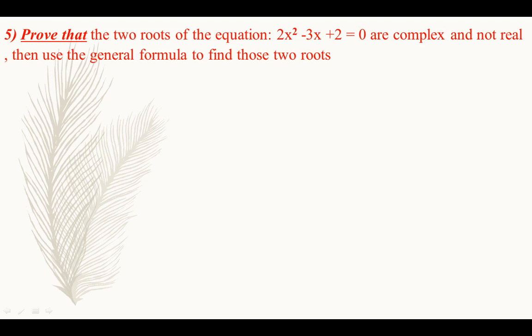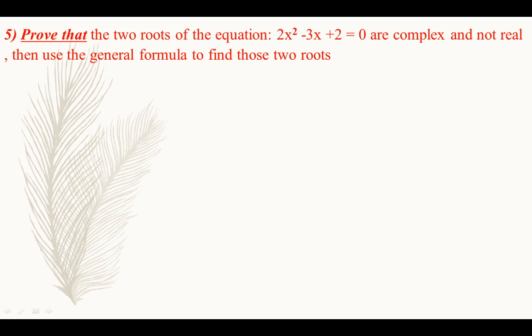Very good, excellent. By using the discriminant. First we are going to calculate the discriminant. If the discriminant is positive, then the two roots are two real and different. If the discriminant equals 0, then the two roots will be real and equal.